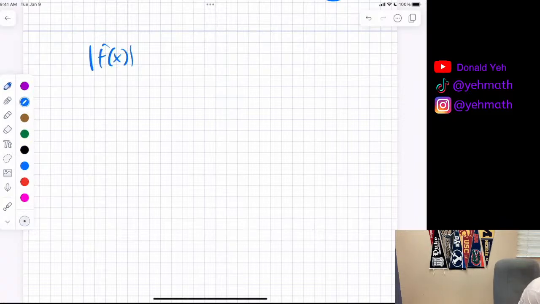This is not a normal transformation that happens in pre-calc, but it does make very, very cool graphs. If I have a graph like this, and they don't teach this in algebra either.